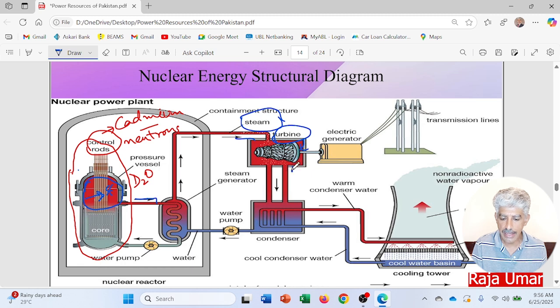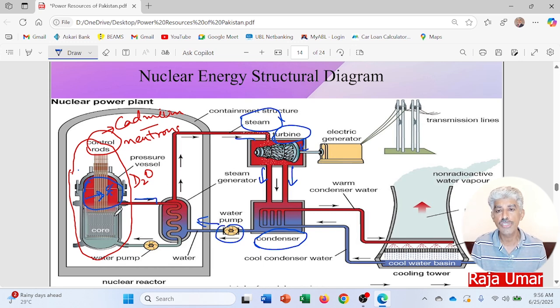After that the steam will come to this chamber over here, and this is the condenser. The steam is condensed and converted into water again, and the water pumps are installed over here to supply the water back to the same chamber for the sake of using it again and again.